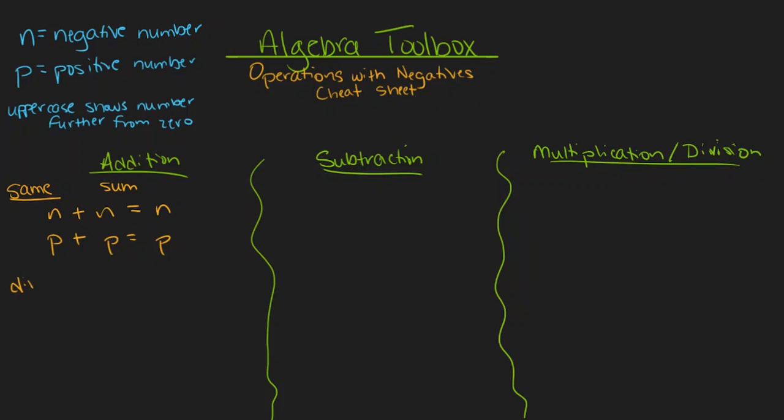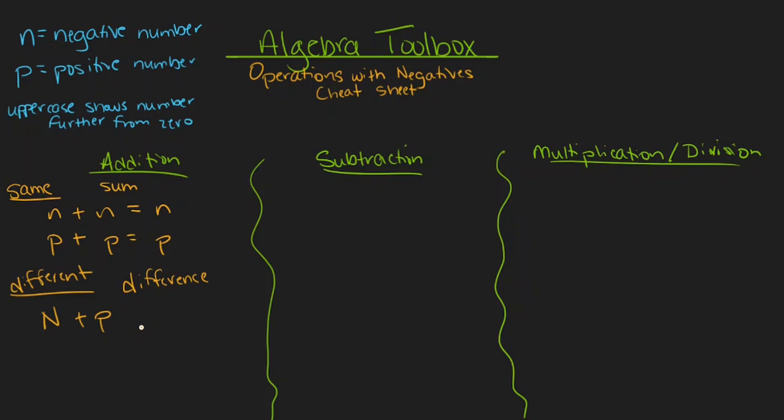If we're working with different signs in addition, things get a little bit trickier, and it depends on which value is further away from 0. So again, the good news is that we're always looking for the difference between the positive versions, or the absolute values, of our two numbers. So for example, if I have a negative number further away from 0 and a positive number that's a little bit closer to 0, what I have to do is find the difference between these two values.